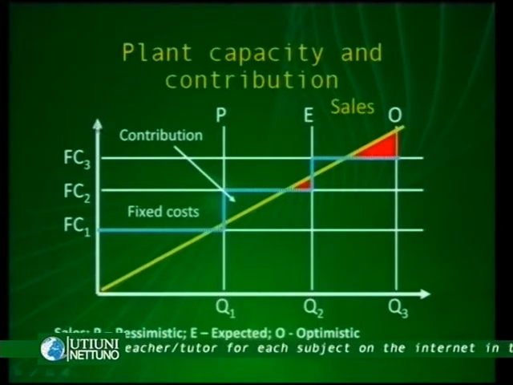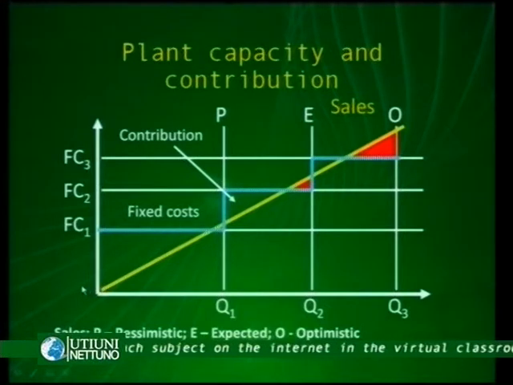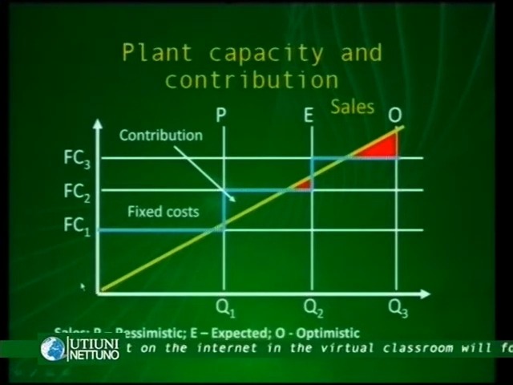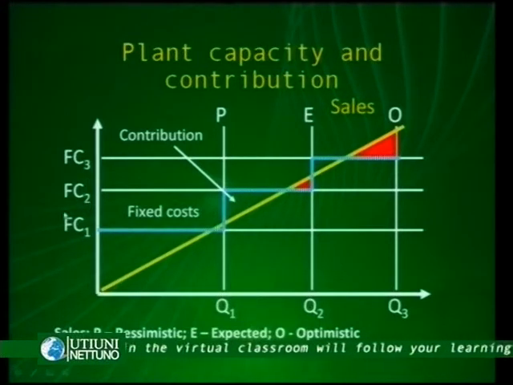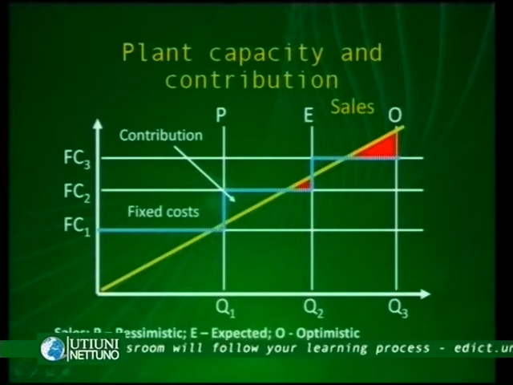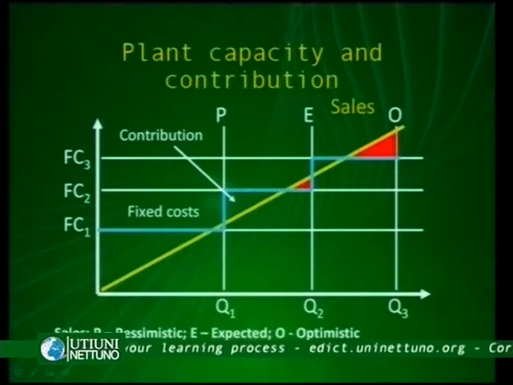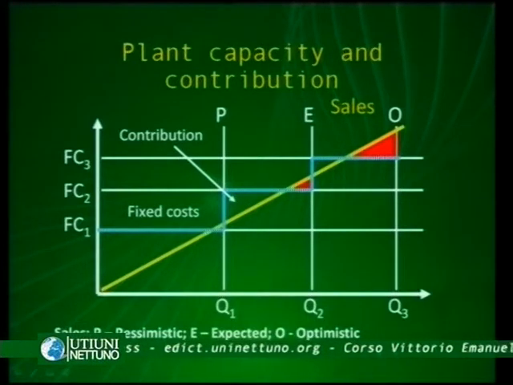On the vertical y-axis here we have the fixed costs, different levels of fixed costs: FC1, FC2, FC3. Now we have three scenarios related to sales: P, pessimistic, E, expected, O, optimistic.